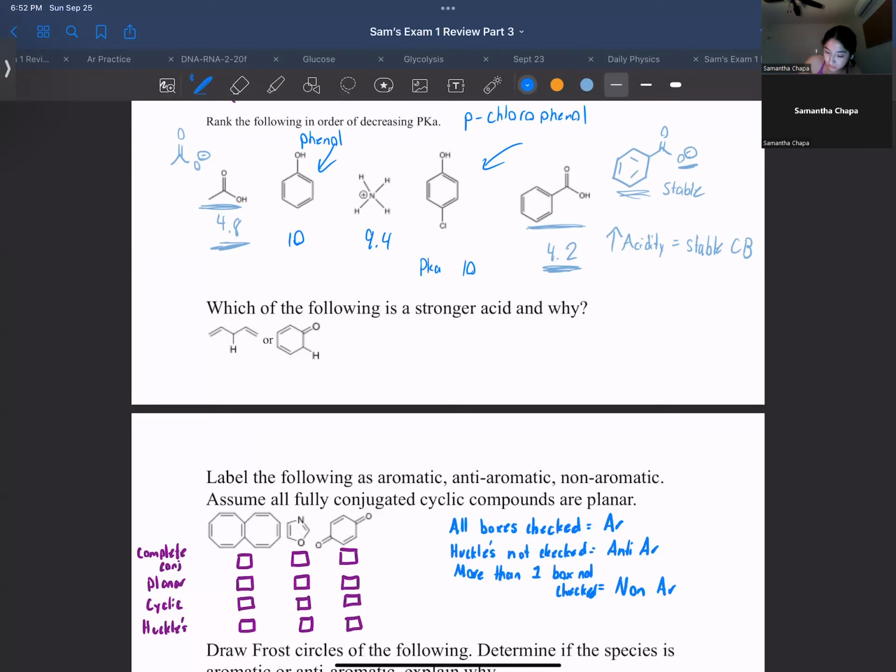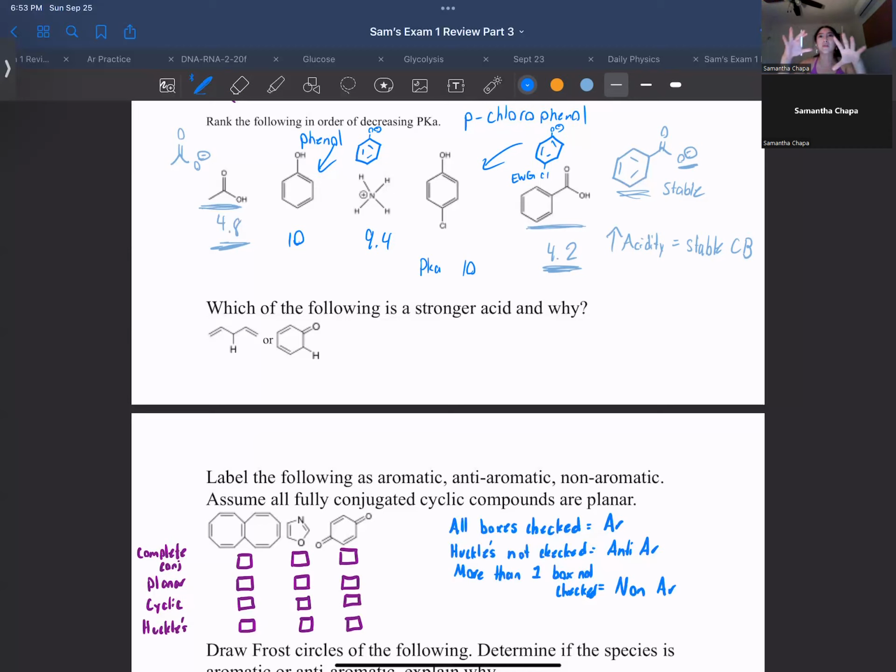So here's what we're going to do. We're going to draw the conjugate base. So let me draw the conjugate base of this one. Okay, so the difference between these two is the one on the right has a chloro group. The chlorine is a halogen. We know that halogens are electronegative and they like to withdraw electron density. So this withdrawing group is going to stabilize our base because it delocalizes electrons.